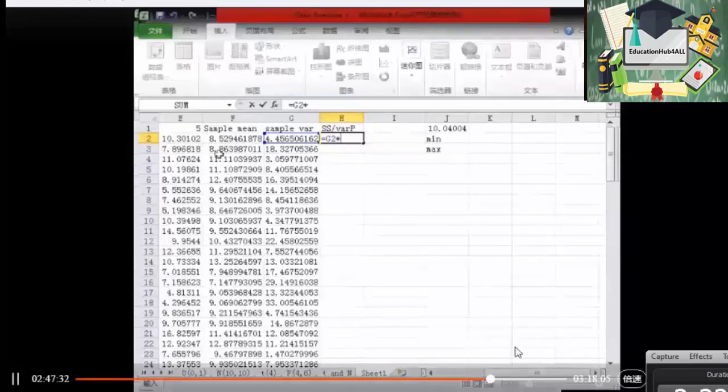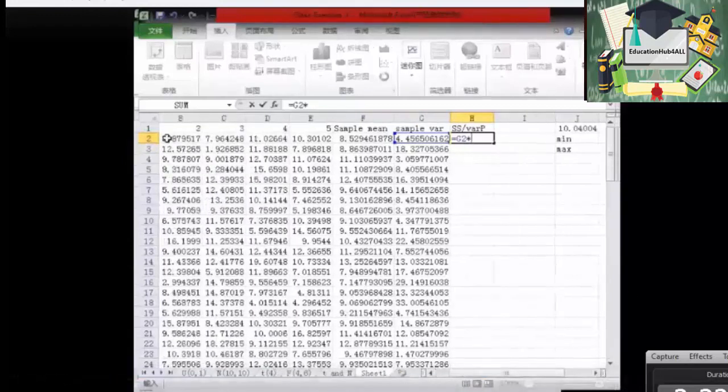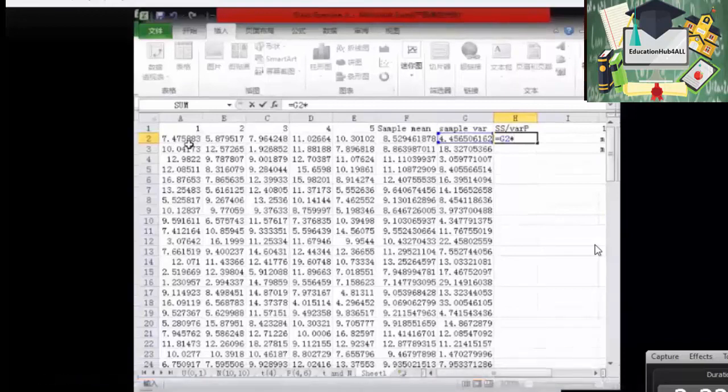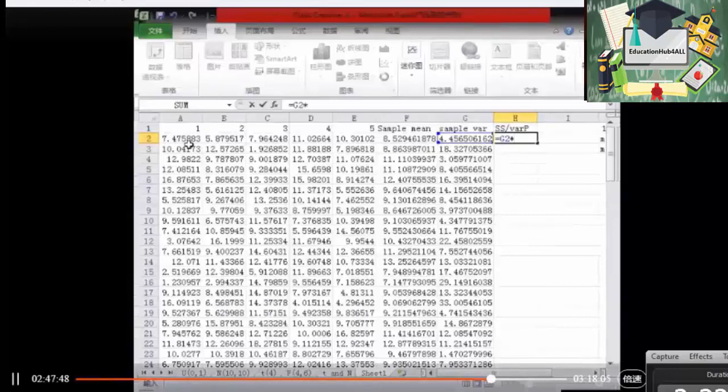No, I mean for the five data points. I'm talking about the sample variance, where the sample variance is only from 5 data points. Yes, it's 4, and divided by what? The population variance.